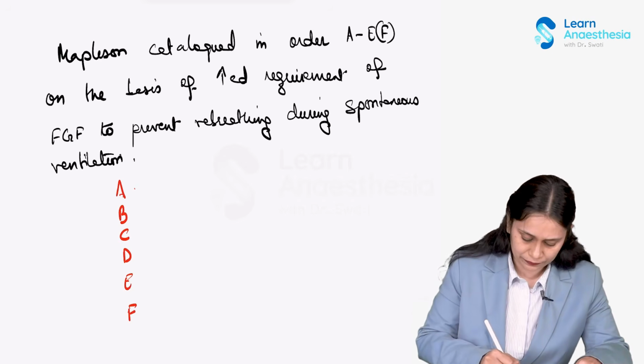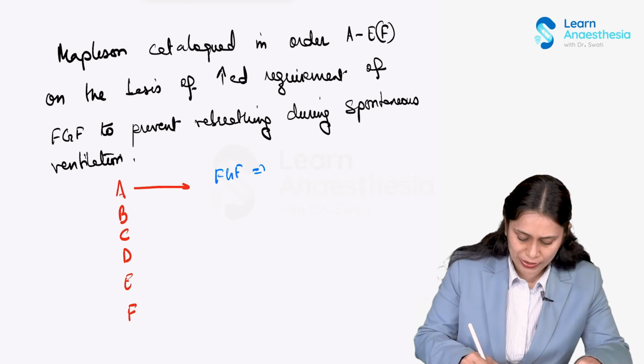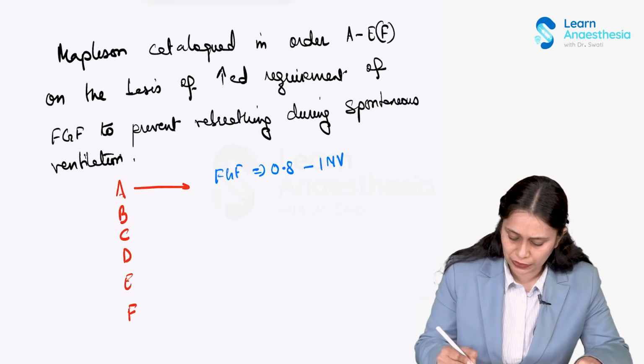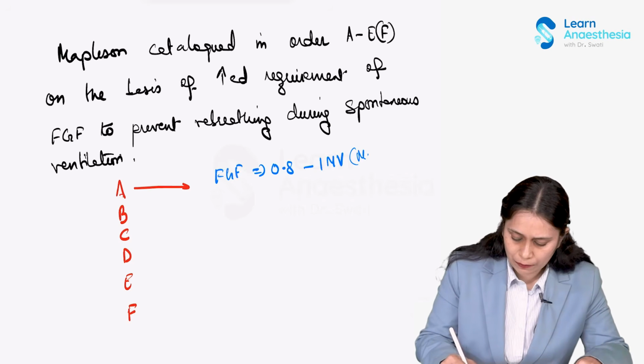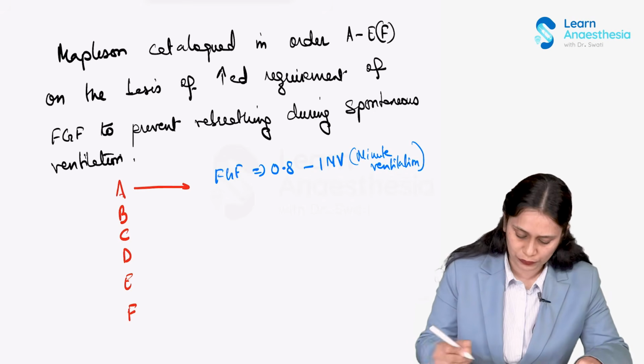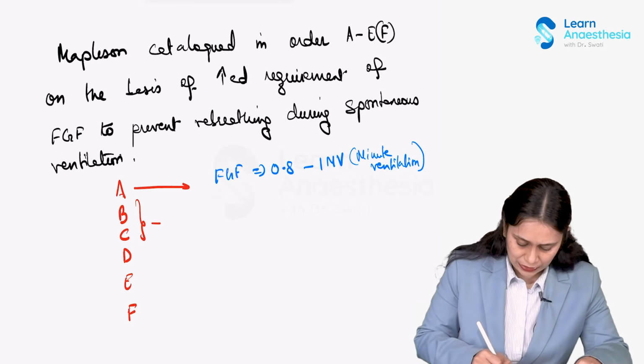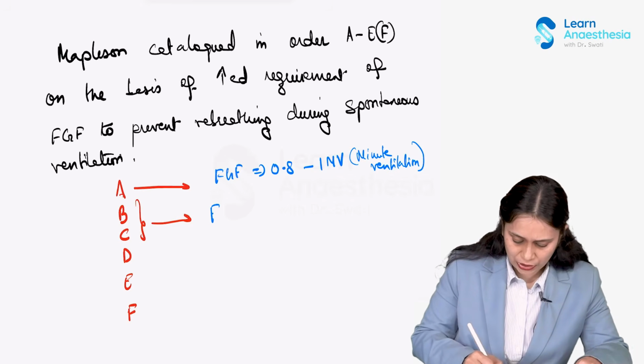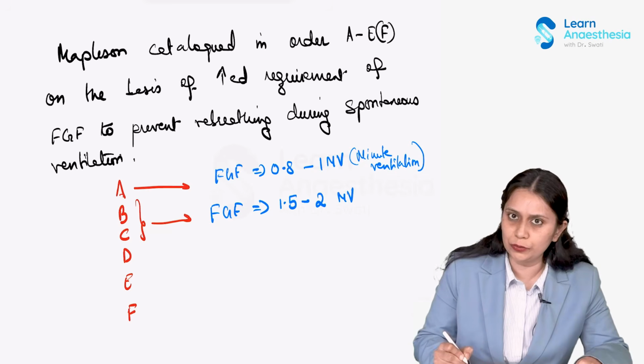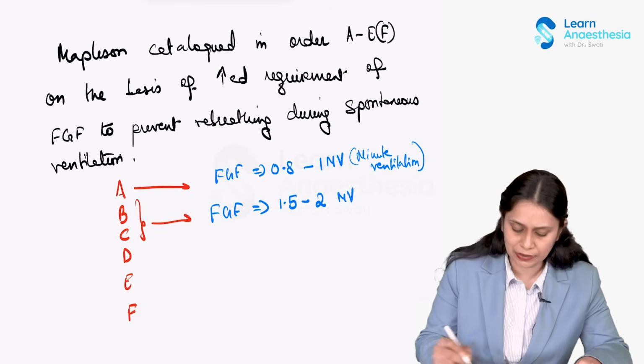A requires fresh gas flow of 0.8 to 1 times the minute ventilation of the patient. MV stands for minute ventilation, right, of the patient, for CO2 removal. B and C require fresh gas flow equal to 1.5 to 2 times minute ventilation for CO2 removal in a spontaneously ventilating person.